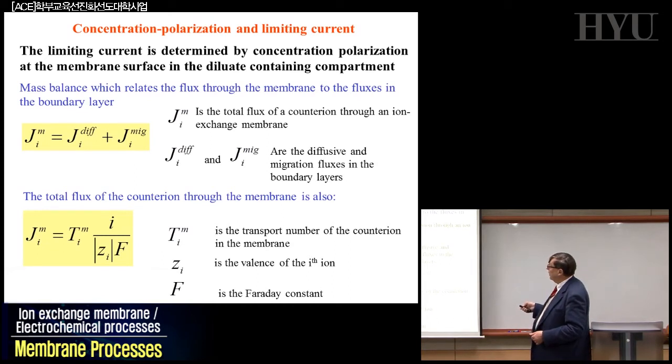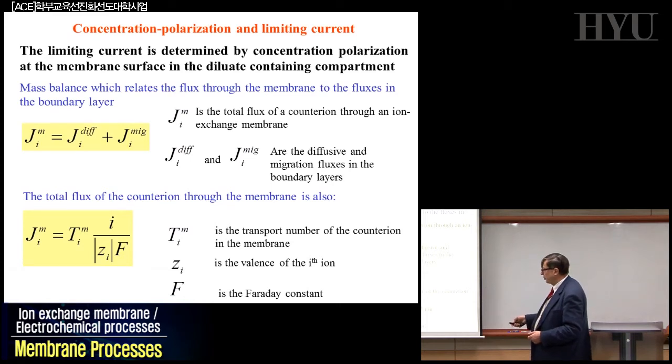So the diffusive and migration fluxes in the boundary layers are the two that we have to control. The total flux of the counter ion, considering just the counter ion, is given by the transmembrane transport number of the counter ion in the membrane phase, related to the overall current intensity divided by the Faraday and the charge.